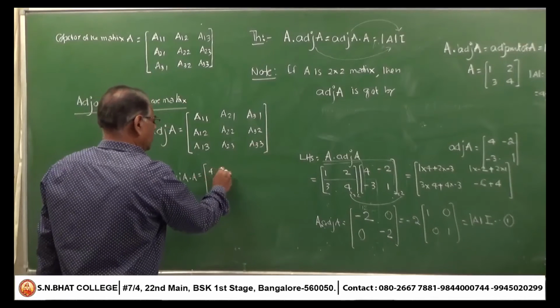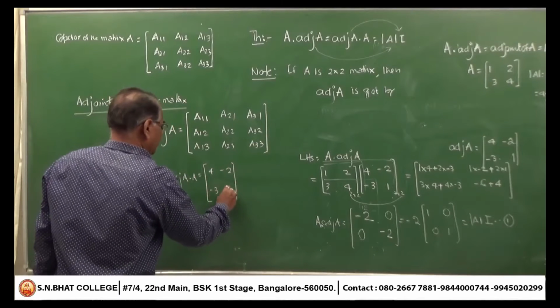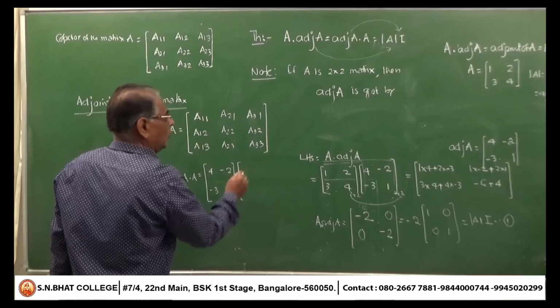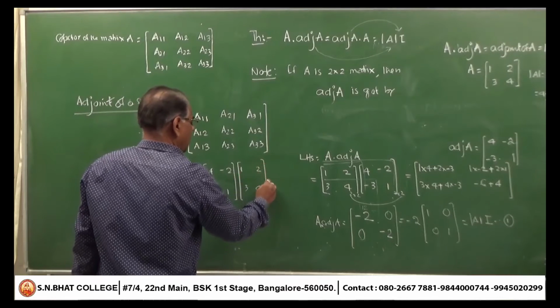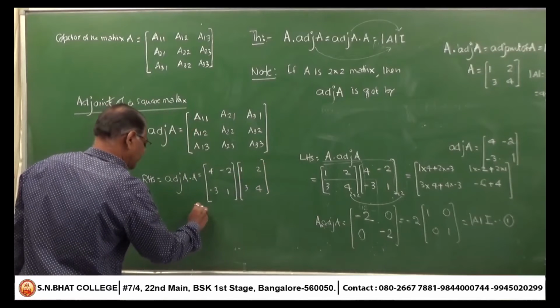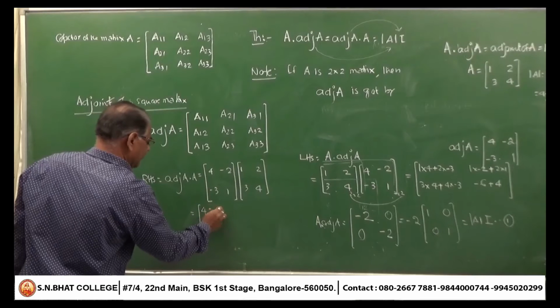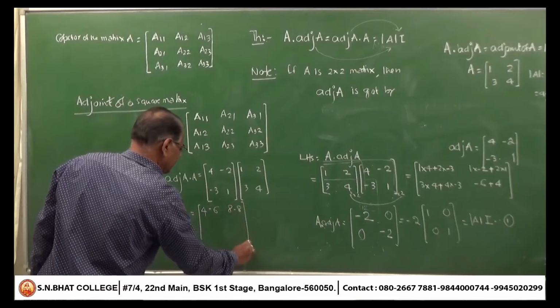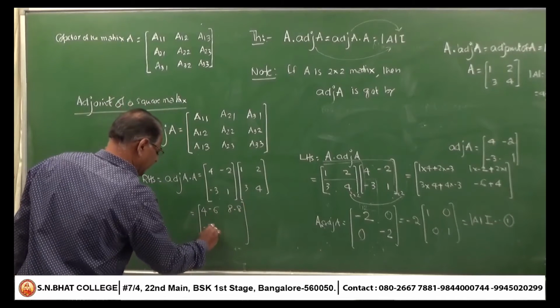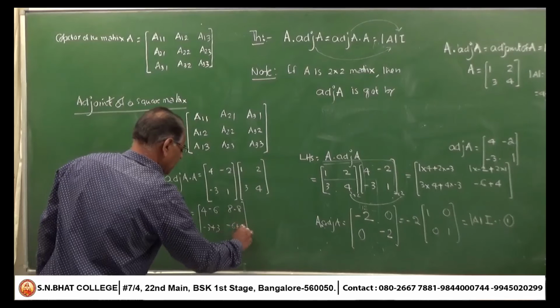Adjoint A is 4, minus 2, minus 3, 1 into A, which is 1, 2, 3, 4. Multiply first row, first column: 4 minus 6. First row, second column: 8 minus 8. Second row: minus 3 plus 3, and minus 6 plus 4.